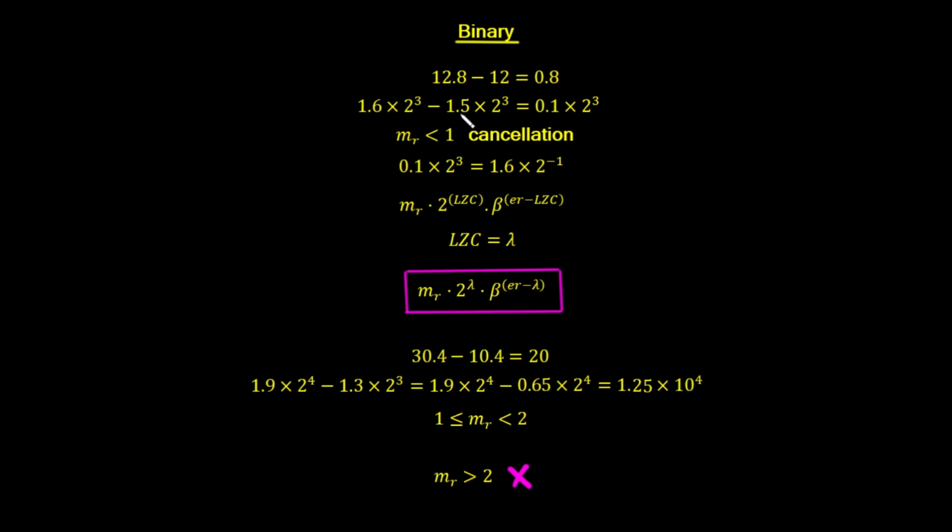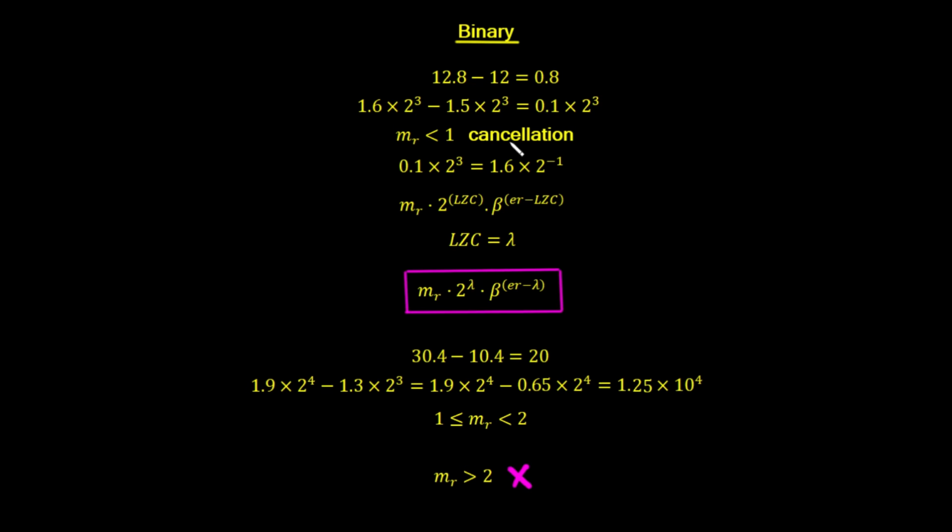And this is equivalent to 1.5 times 2 to the 3. So we can subtract these off because they've got the same value for the exponent. So 1.6 minus 1.5 is 0.1. So you can see here that we've got a value of 0.1 for the mantissa of the result. That is, it's less than 1. So we have what we call here cancellation.